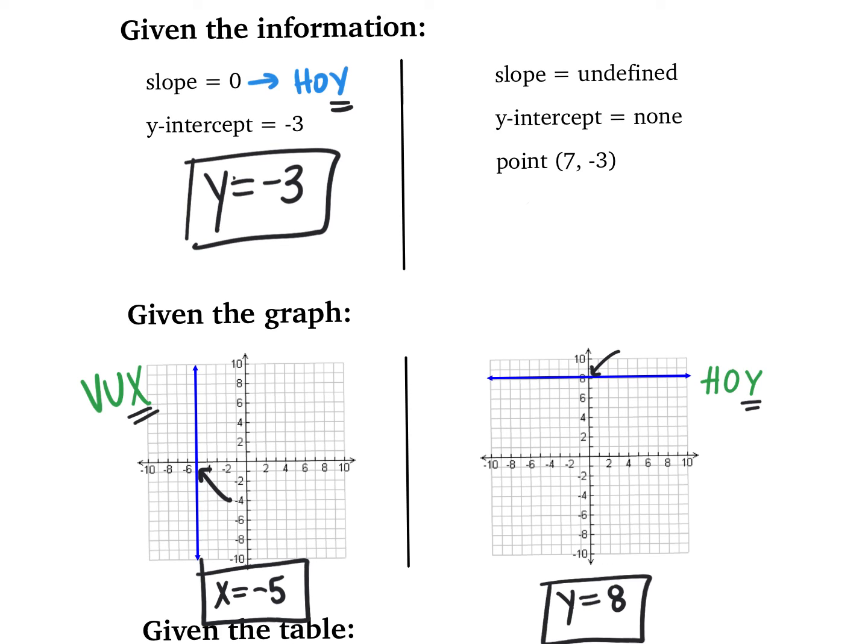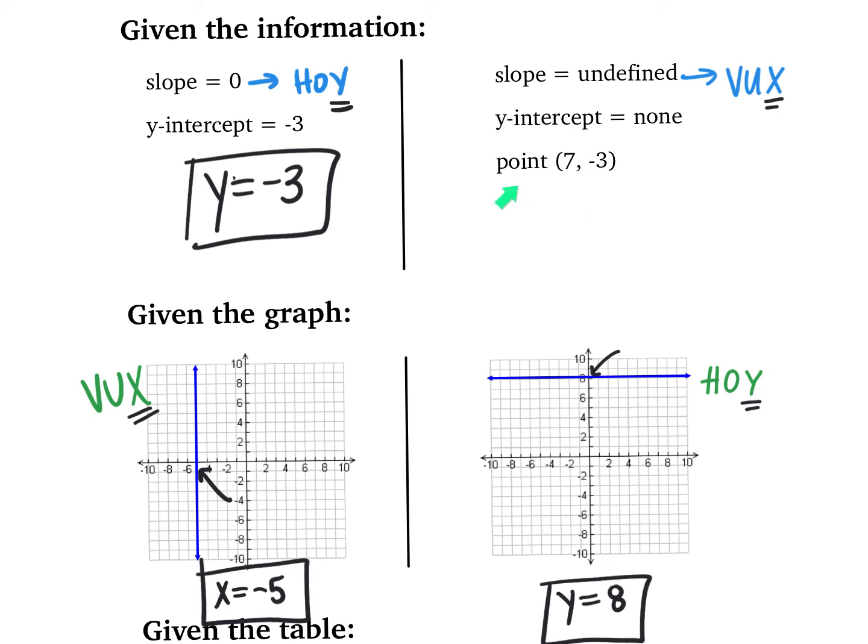By comparison, if we have an undefined slope, that goes with vertical lines and therefore a constant x value. If we use this as an example to help us visualize what's happening, a vertical line might not have a y-intercept. If you look, this graph is never crossing the y-axis. So you can see that here it actually says the y-intercept is none.